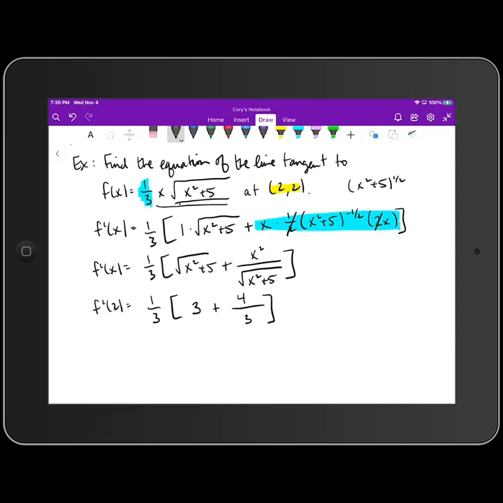If I want to simplify this, you can add up what's inside the brackets and then multiply by 1/3, or if you want to distribute 1/3 across both of those terms, that's fine. I'm going to distribute 1/3 across both terms. So 1/3 times 3 gives me 1, plus 1/3 times 4/3 gives me 4 over 9, and 1 plus 4 over 9 becomes 13 over 9. So that's the slope of the tangent line.